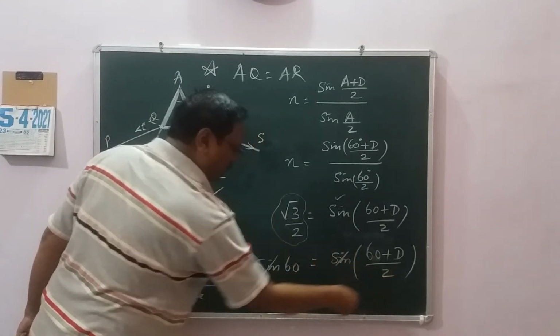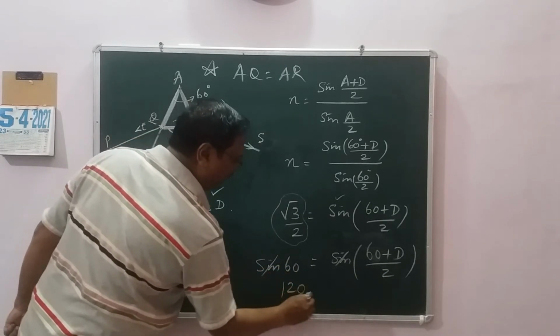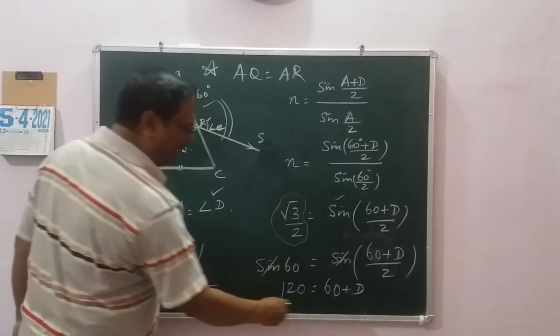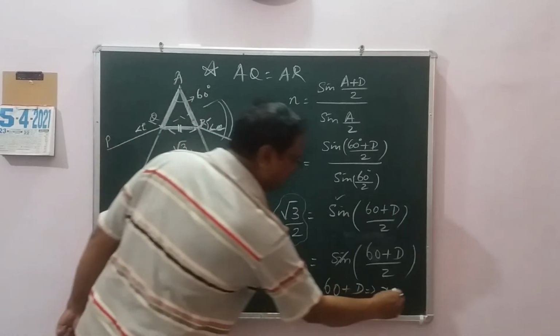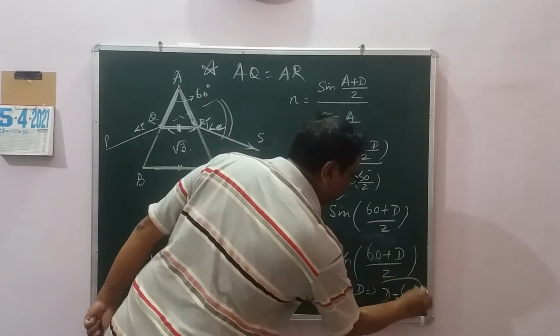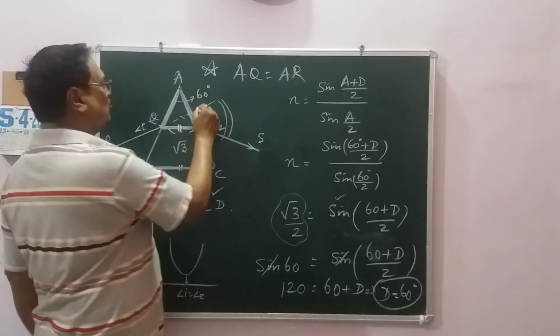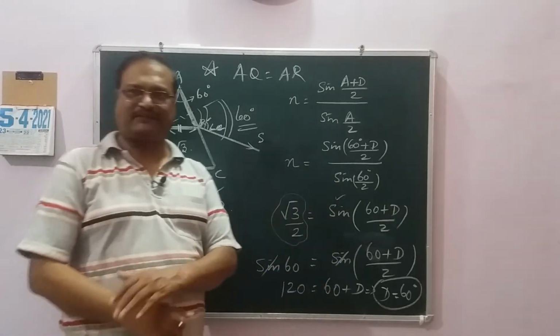This 2 comes to this side, so 60 into 2 is 120, equal to 60 plus D. Or we can say D is equal to 120 minus 60, which is 60 degrees. So the angle of minimum deviation turns out to be 60 degrees in this numerical.